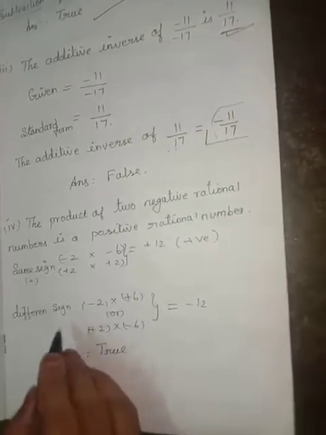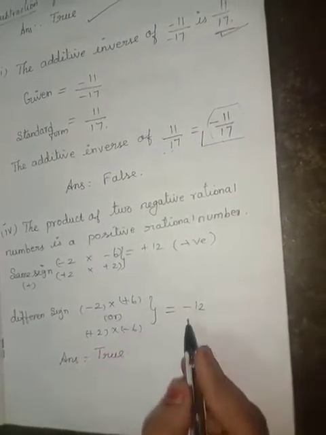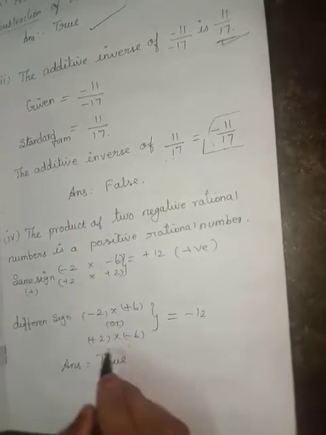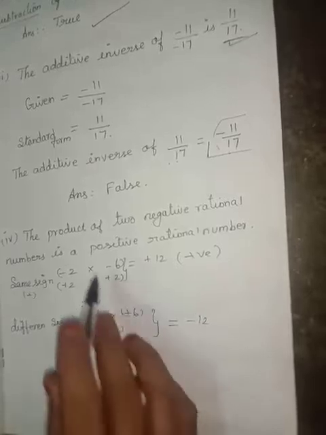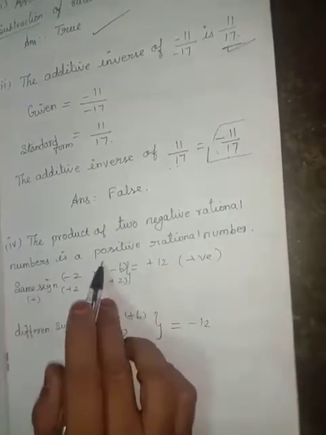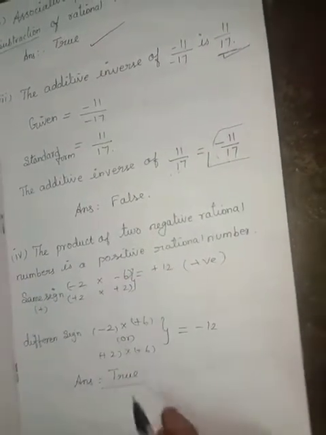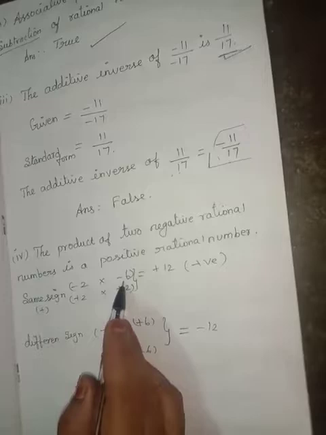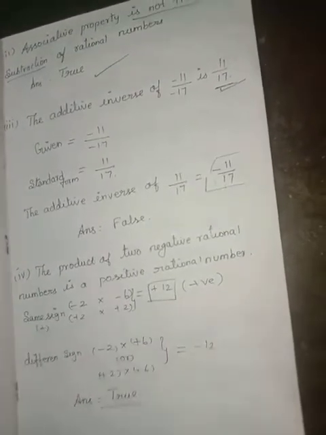When you have different signs, that is minus 2 into plus 6, we get minus 12, or plus 2 into minus 6, we get minus 12. So they said the product of two negative rational numbers is a positive rational number. Yes, the statement is true, because if we take any two negative rational numbers, we get a positive answer.